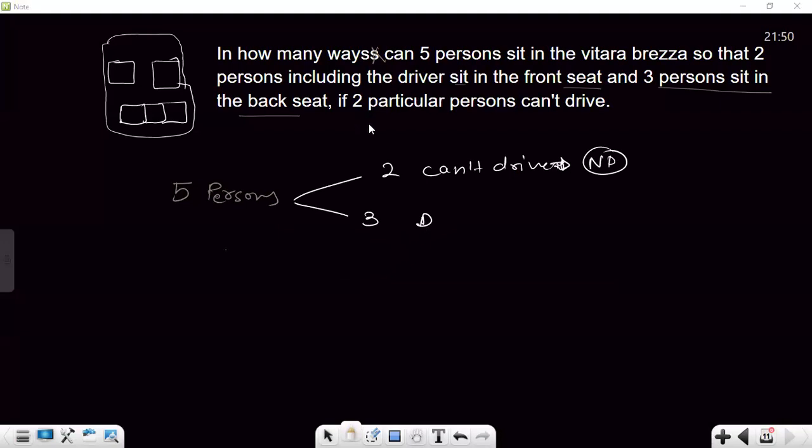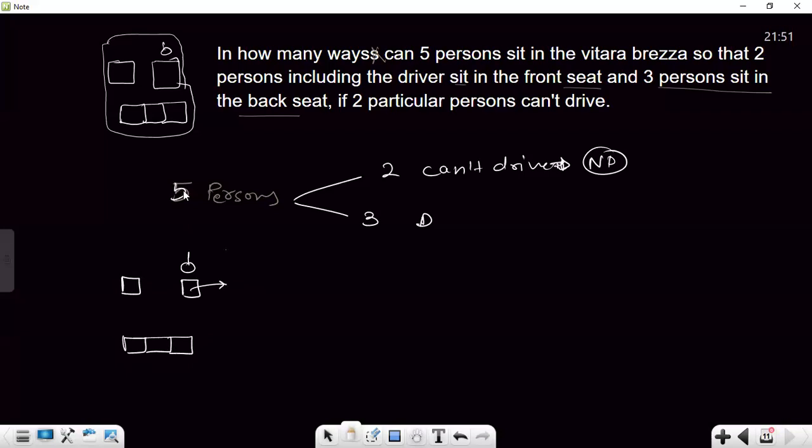So how many ways can we make them sit? And we know that on this particular seat, the driver has to sit, the person who knows driving. So let me redraw the seat structure. This is the driving seat. How many choices do we have?